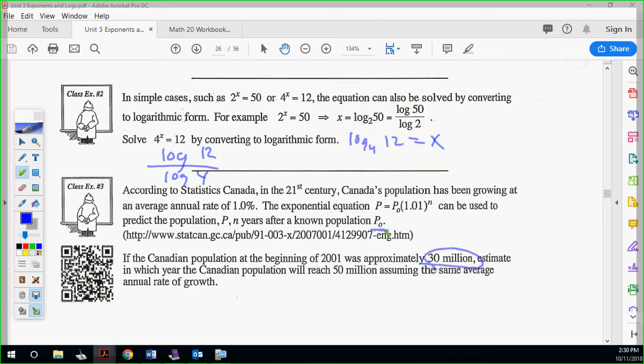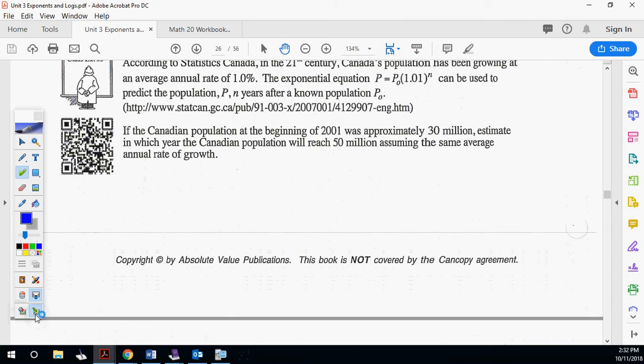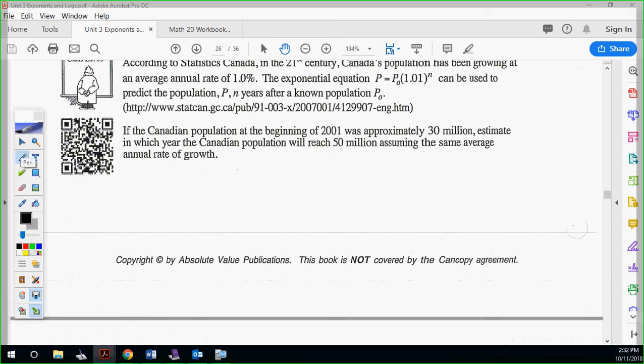Okay. They estimate the Canadian population to reach 50 million with the same average growth. They've already told us the growth here, it's 1.01. So we have everything we need to develop this equation. So we can write 50 million and 30 million is fine. You'll see it'll go away really quickly, so don't panic about seeing all the zeros. We don't know when the population is 50 million. So we're going to go 50 million equals 30 million times 1.01 to the n.